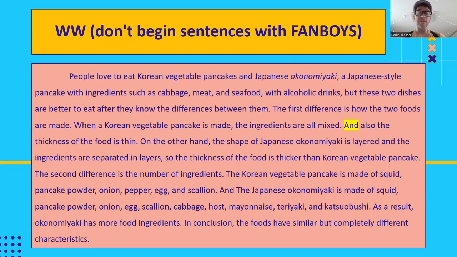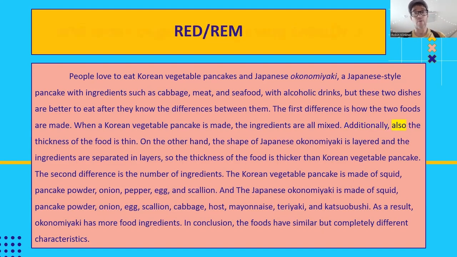But in this class, I want you to avoid beginning sentences with fanboys to create a good habit. And you can say additionally, in addition, also, moreover, so many different words that mean the same thing. Additionally, now this is redundant. RED means redundant. So we can remove it. Additionally and also, they basically mean the same thing.